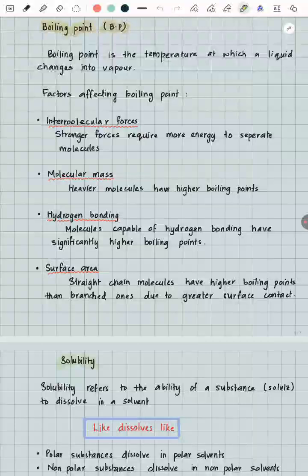Molecular weight also affects boiling point, with heavier molecules generally boiling at higher temperatures. Additionally, straight chain molecules tend to have higher boiling points compared to branched ones because they have larger surface area for intermolecular interactions.